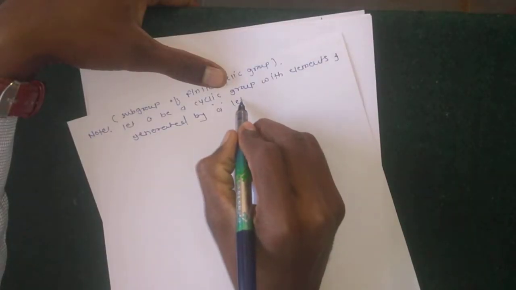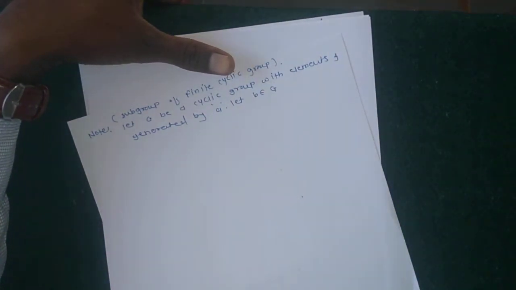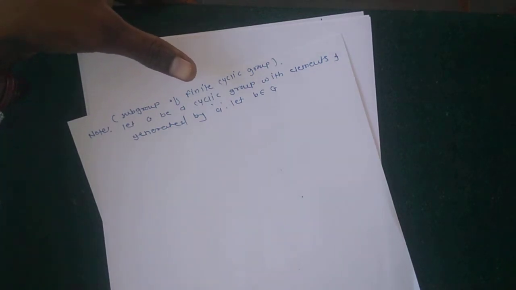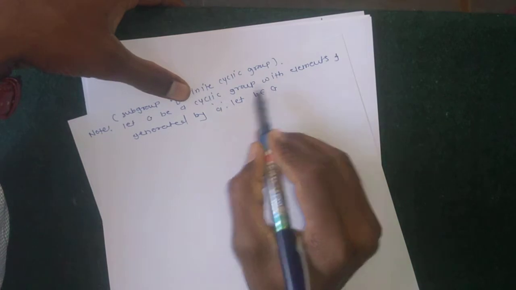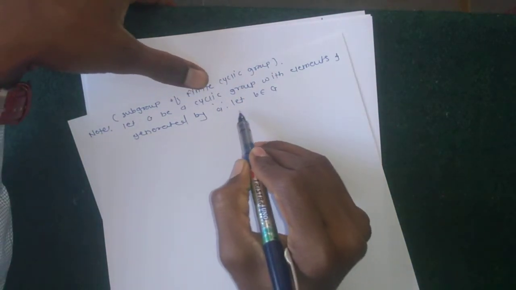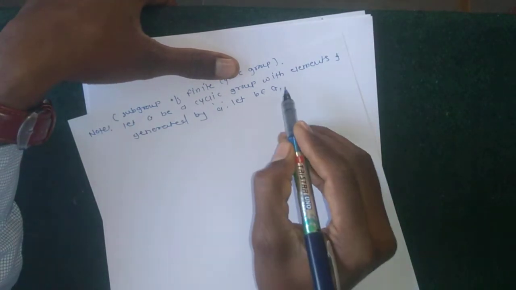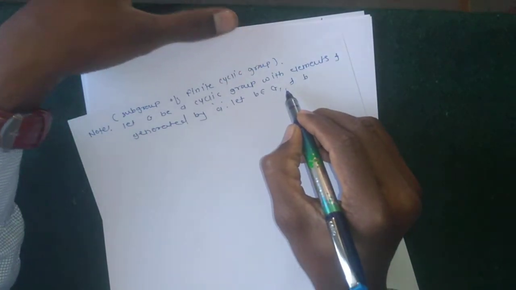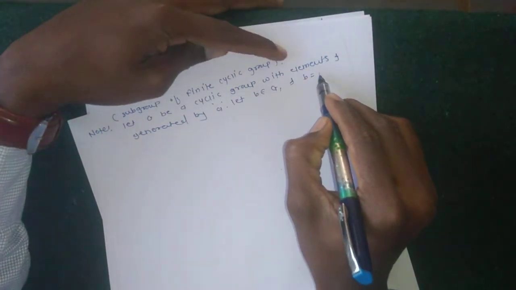Let b belong to G, where b is any element chosen from the group G. Since G is a cyclic group generated by a, b is an element of the form of a power of a.